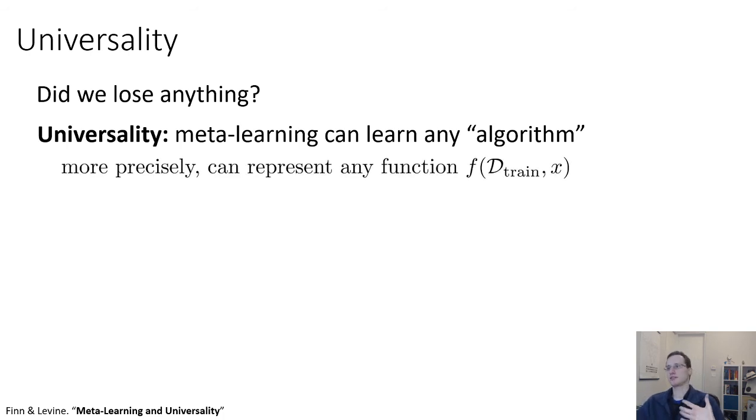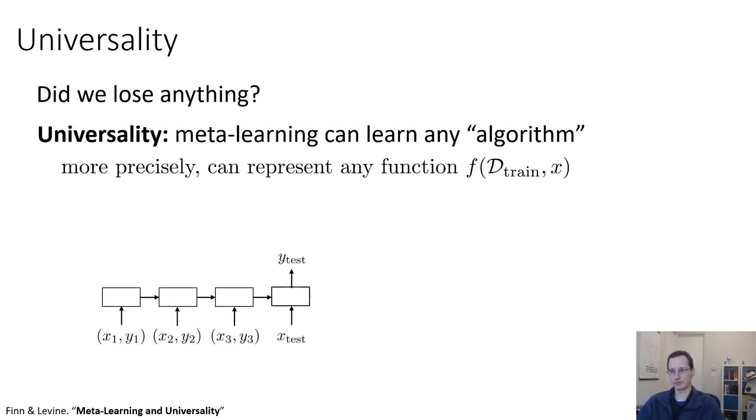More precisely, this is analogous to saying, can it represent any function of dtrain and x? The reason this question is important is because if your method is universal, that means if you give it enough parameters, it can basically learn any learning algorithm. And you want that because you would like to use very large meta-training sets with many, many tasks to figure out the best adaptation procedure possible.